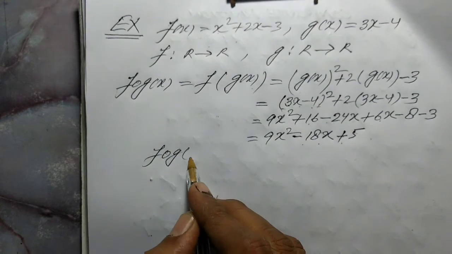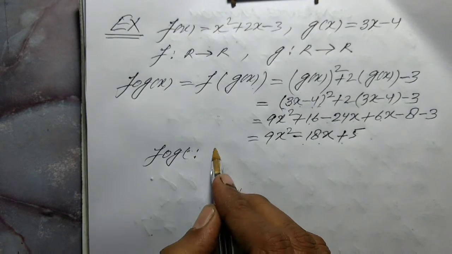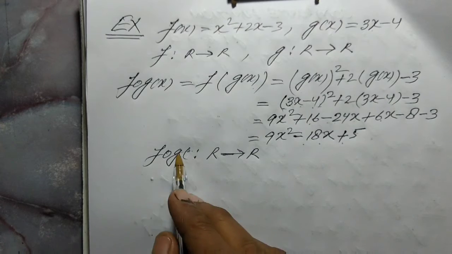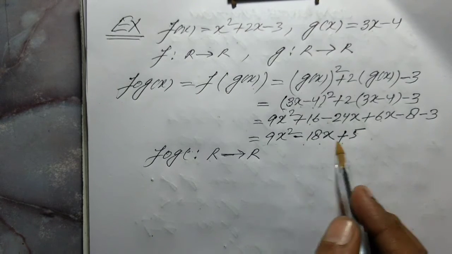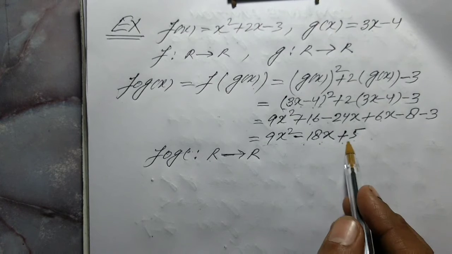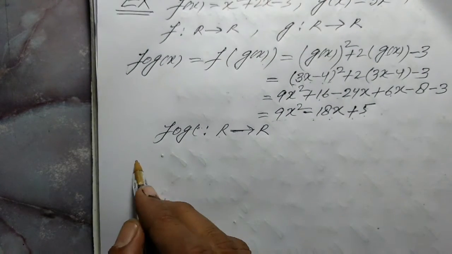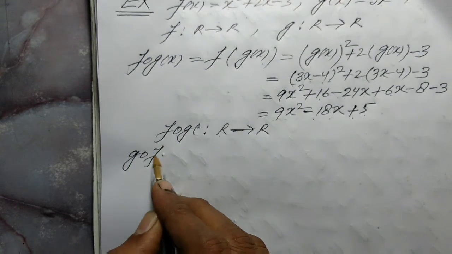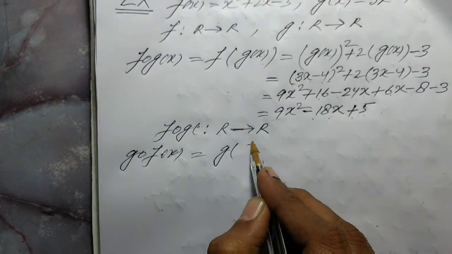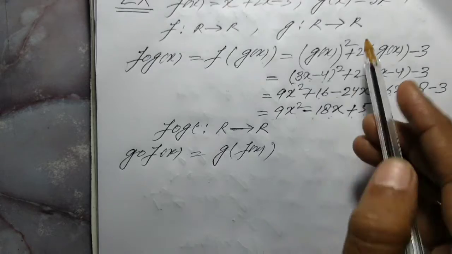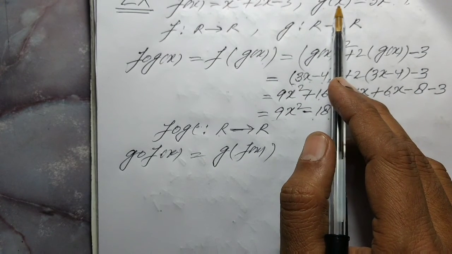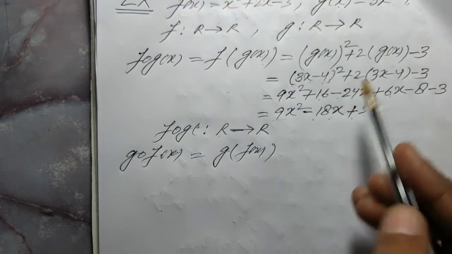The domain and codomain of fog is R and R. So fog is from R to R, and fog is defined as 9x square minus 18x plus 5. Now let us find gof(x). So gof(x), which may be written as g of f(x). As we see, g(x) is equal to 3x minus 4, so if we replace x by f(x) in this function, we get 3f(x) minus 4.